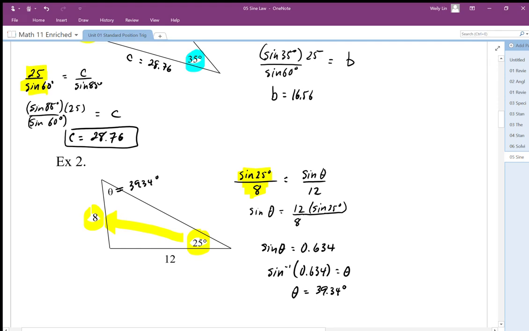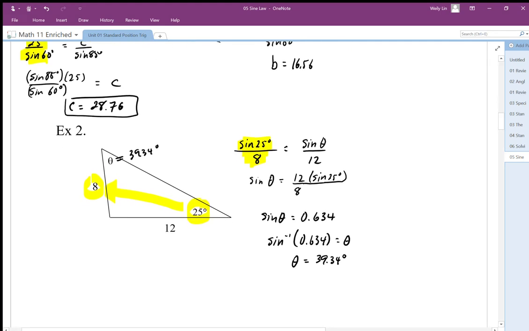Then we're going to solve for the third angle here. So I'm going to subtract from 180. I'm going to do 180 minus 25 minus 39.34.